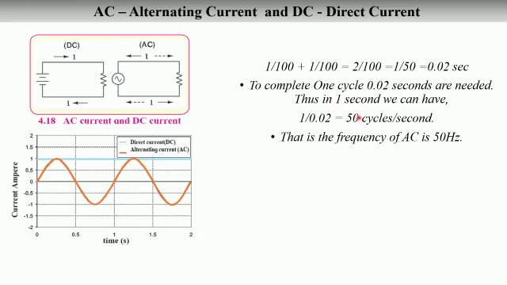So in 1 second we will have 50 cycles per second. So in India, in the power stations where electricity is generated, one cycle changes in 1/50th second. That is, the frequency of alternating current is 50 Hertz or 50 cycles per second.